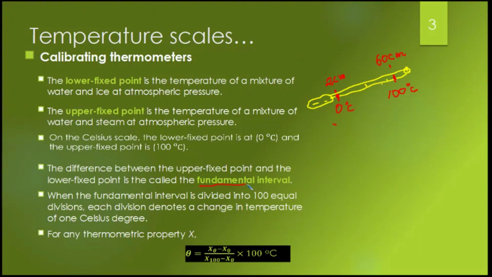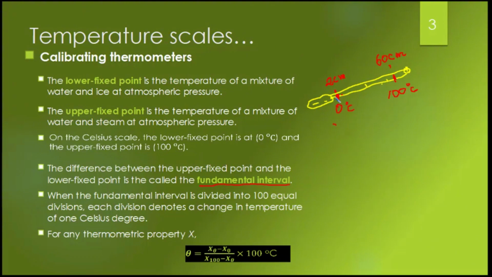The difference between the upper fixed point and the lower fixed point is the fundamental interval. Now when you divide the fundamental interval into 100 equal divisions, one division is equal to 1 Celsius degree.